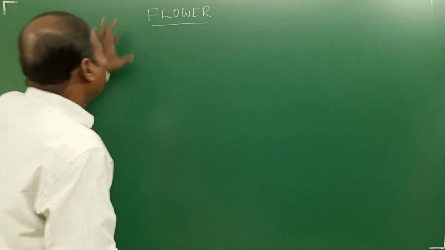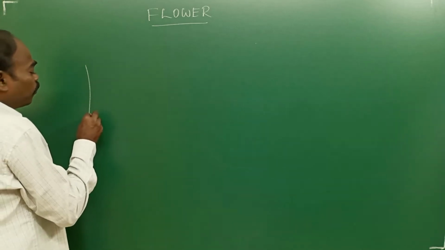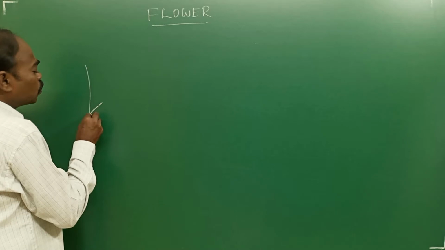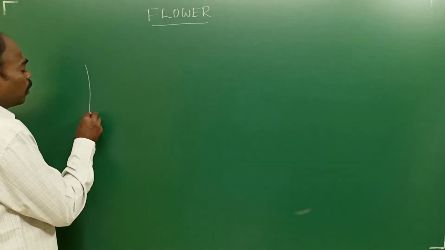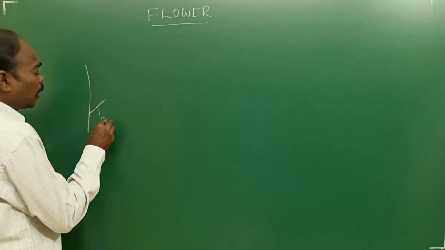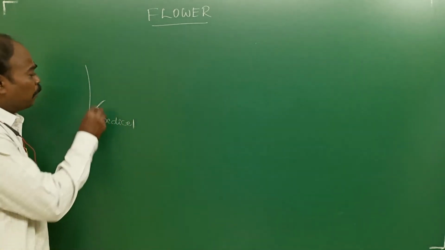First of all, on the modified shoot, the peduncle, the nodes and internodes were developed. The stalk of the flower is called what? Already we told, pedicel. Stalk of the flower is pedicel.